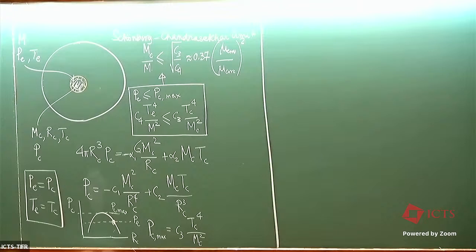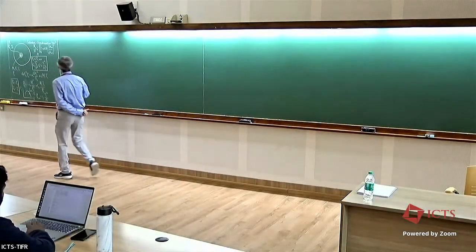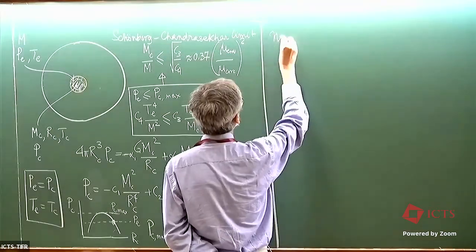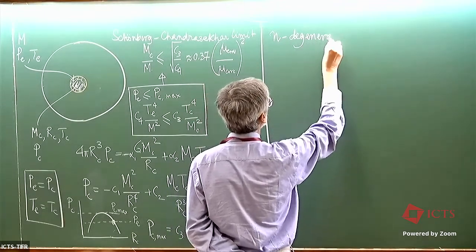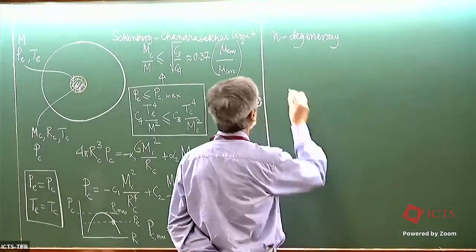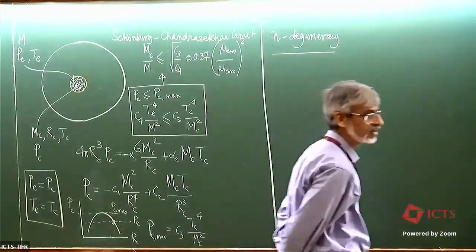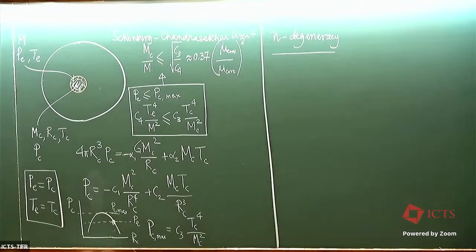We have already seen that neutrons can produce what's called a degeneracy pressure, right? So neutron degeneracy is certainly an important component of the pressure that contributes to holding up a neutron star.